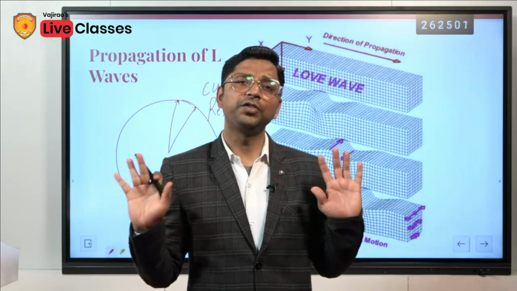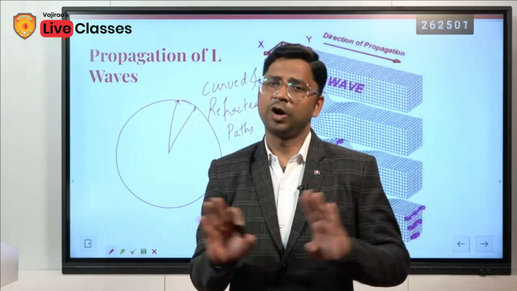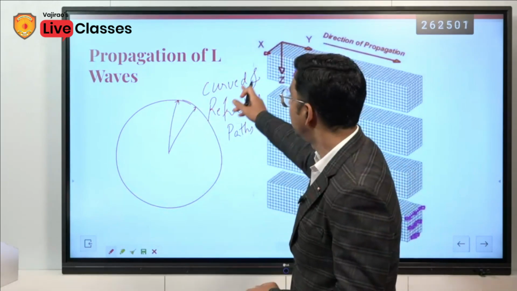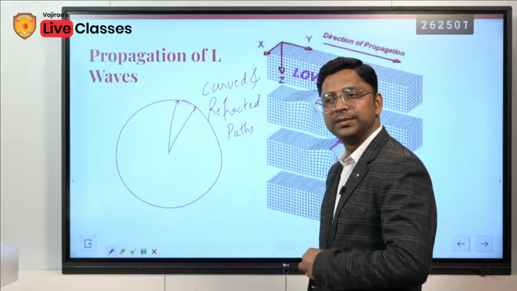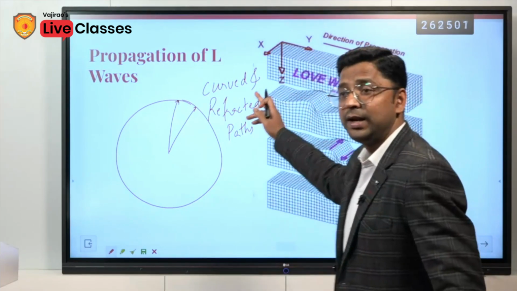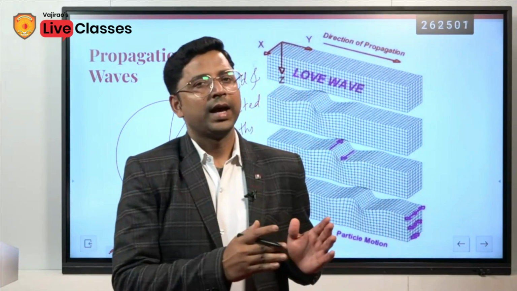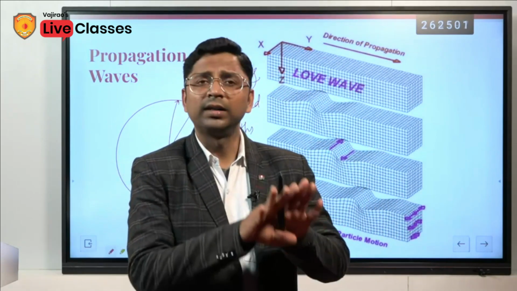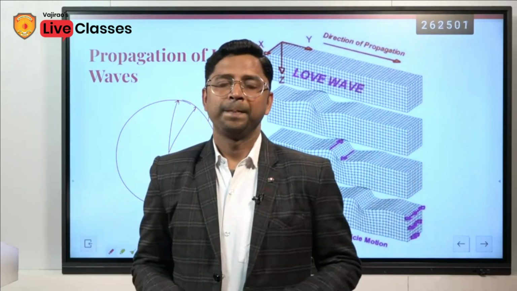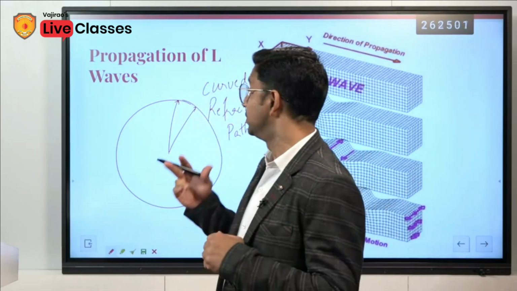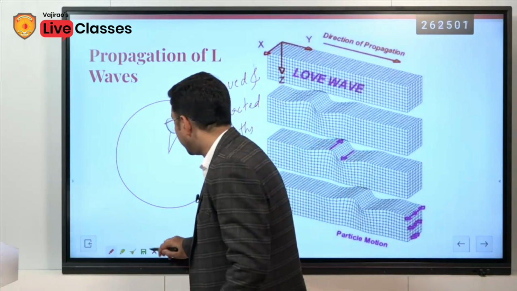We are now very much sure that Earth is not homogeneous, because seismic waves are taking curved and refracted paths. So the Earth is not a homogeneous solid. Now if it is not a homogeneous solid, then what is it?